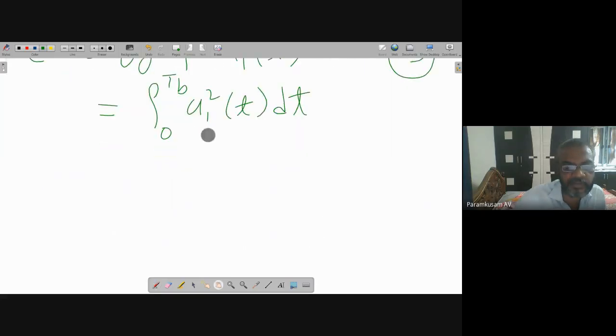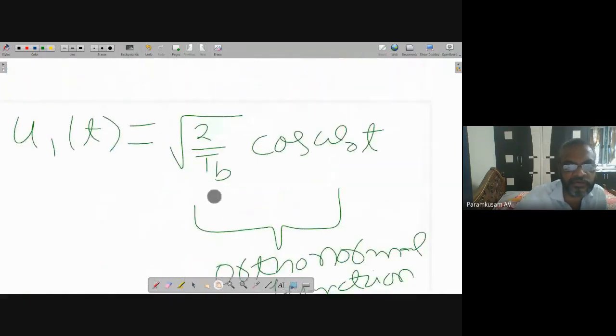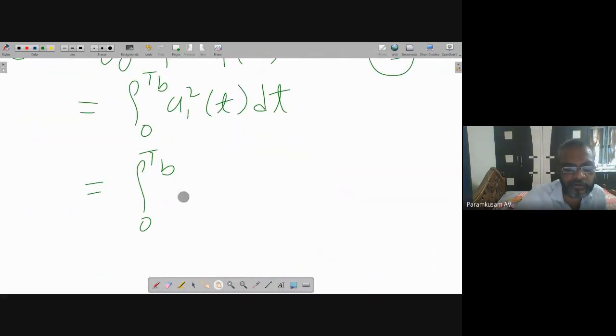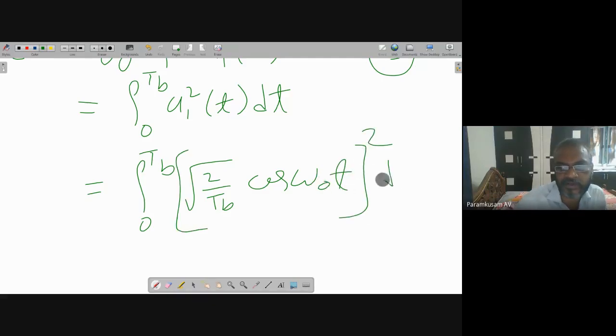Okay. Now this is equal to integration 0 to Tb. What is u1 of t? u1 of t is equal to root over 2 by Tb cos omega naught t, whole square dt.